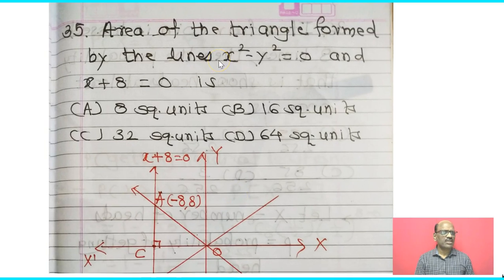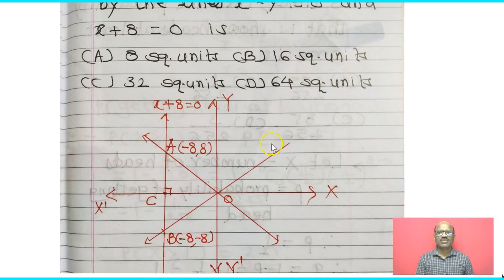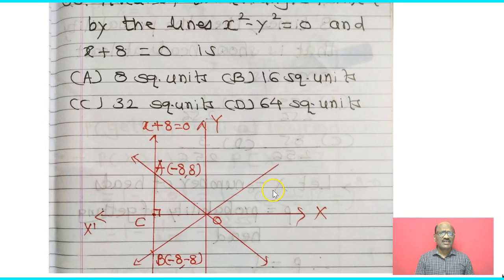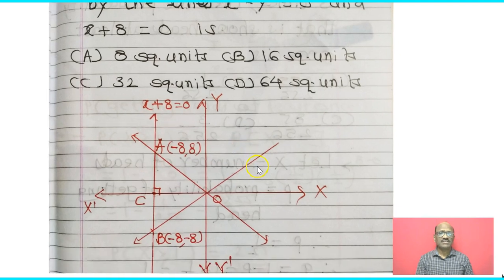It means that we have two lines, (x minus y)(x plus y), so x minus y equals 0 and x plus y equals 0. Therefore, these are the two lines bisecting the angles between the coordinate axes. Now next, the line x plus 8 equals 0 must be parallel to the y-axis and on the left side of the y-axis. Therefore, these are the points.